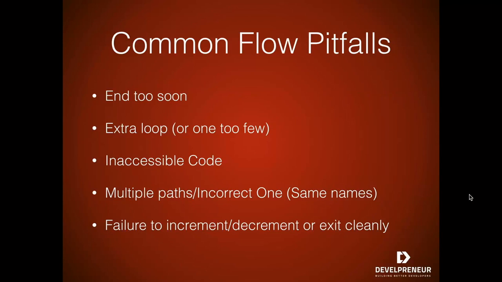Those kinds of things are very common flow pitfalls, particularly if you started with a solution and now you've been tweaking it a bunch, or somebody else started with it and you've had to go in and maintain their code. You'll have these kinds of situations where you set a couple values, and the next thing you know, it's like, oh, wait, I'm not going to be able to get to that code.